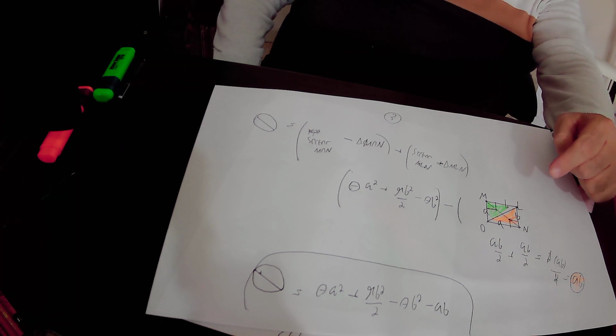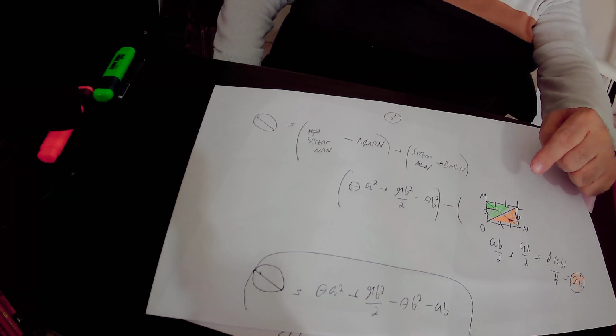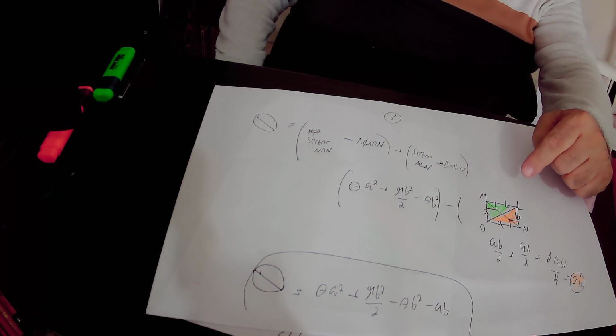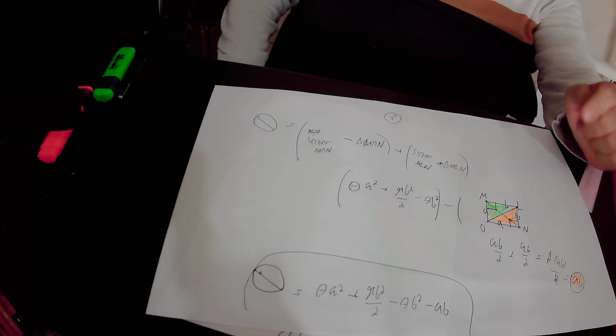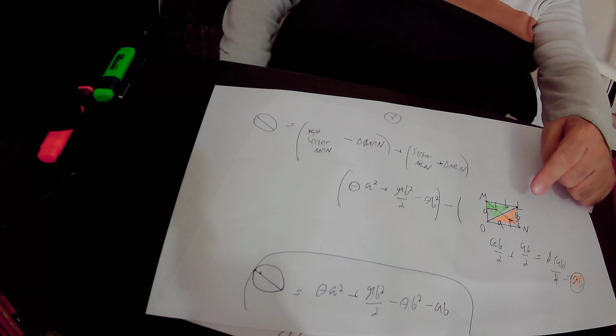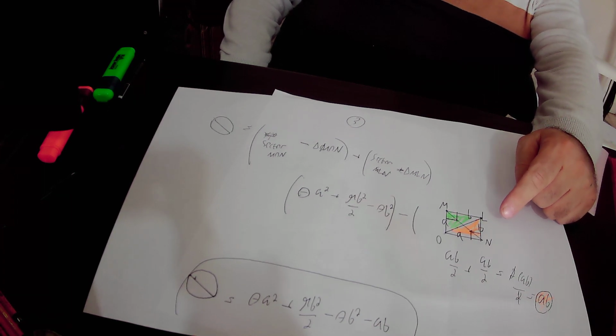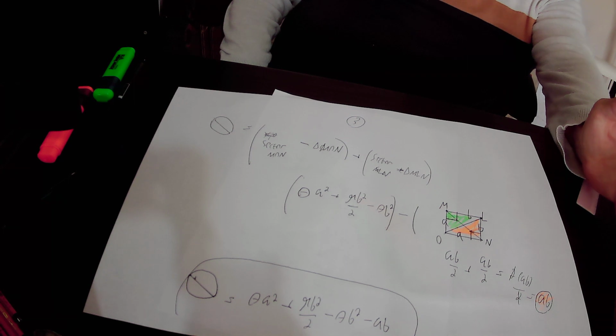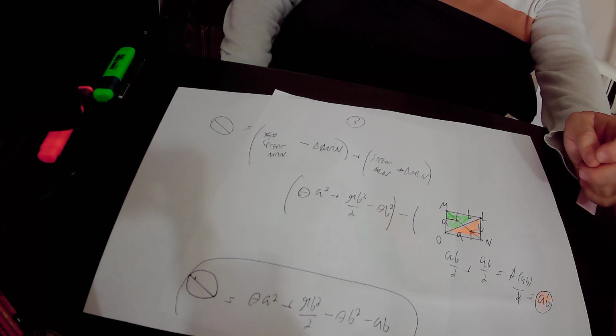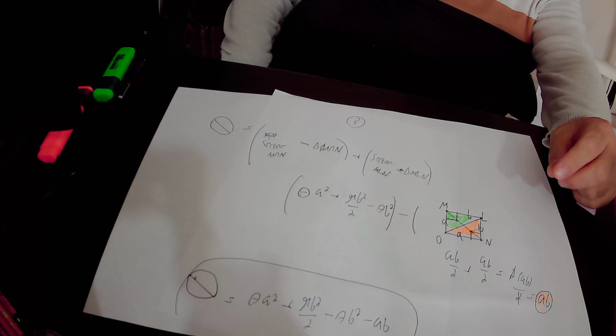So the area of the green right triangle LMO is equal to the base of the triangle, that is B, times the height to the base, that is A, over 2. Likewise, the area of the orange right triangle LNO equals the base, that is A, times the height to the base, that is B, over 2. So in total, the sum of the areas of the two triangles is equal to A times B over 2 plus A times B over 2.